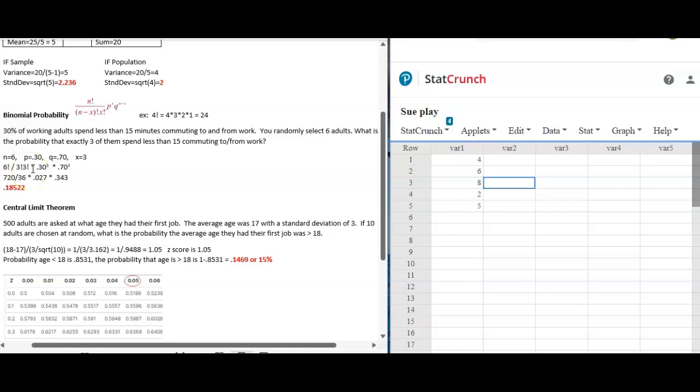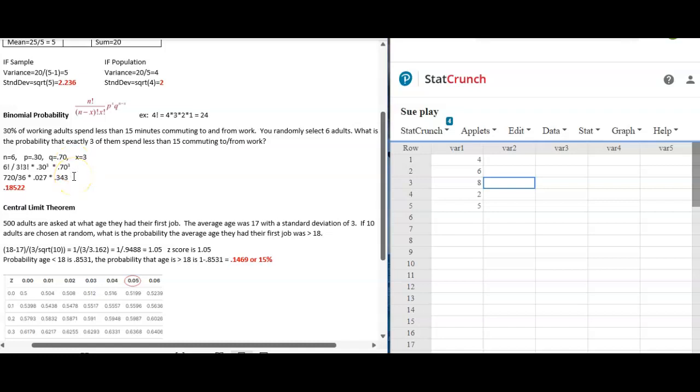All of that is being multiplied by the probability of success, which is 0.3 raised to the x power, so 0.30 raised to the third power, times the probability of failure, which is 0.70, raised to the n minus x power, which happens to be 3. Obviously, that is not usually the case, so we're raising 0.70 to the third power.